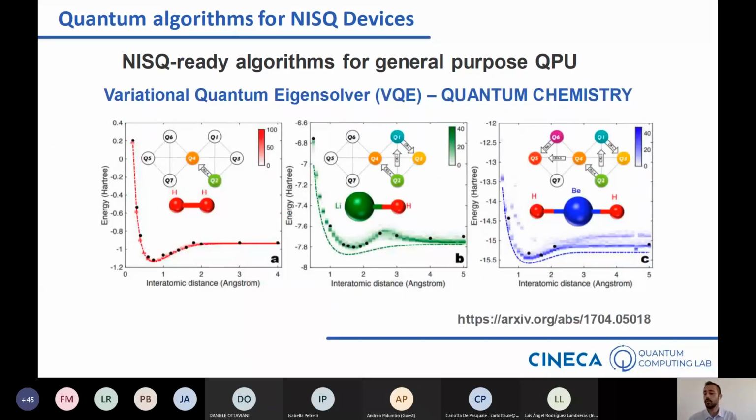Okay, let's now talk very briefly about the variational quantum eigensolver. It's used for quantum chemistry. Here you see a paper, with the link, from IBM, where they used something like 7 qubits and this VQE, variational quantum eigensolver algorithm, to calculate the ground state of different small molecules, like H2, lithium hydride, and beryllium hydride, I think it is this one.